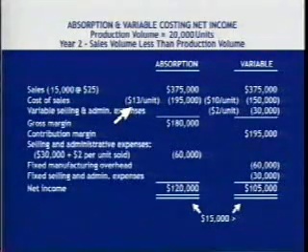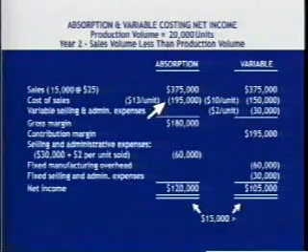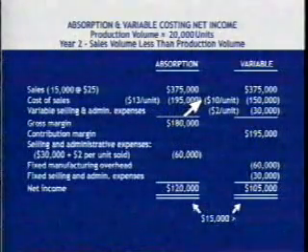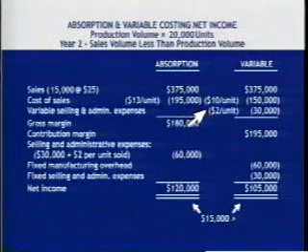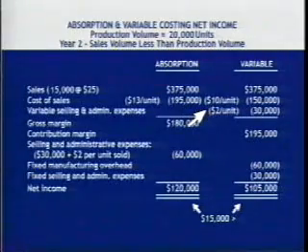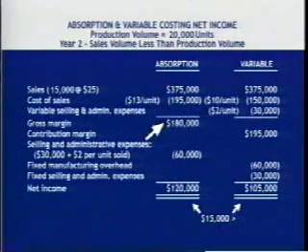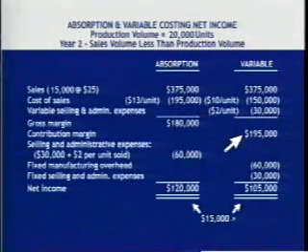At $13 per unit, absorption cost of sales is $195,000. Variable cost of sales includes $10 per unit variable manufacturing cost and $2 per unit variable selling and administrative expenses. Absorption gross margin at $180,000 is $15,000 less than variable contribution margin.